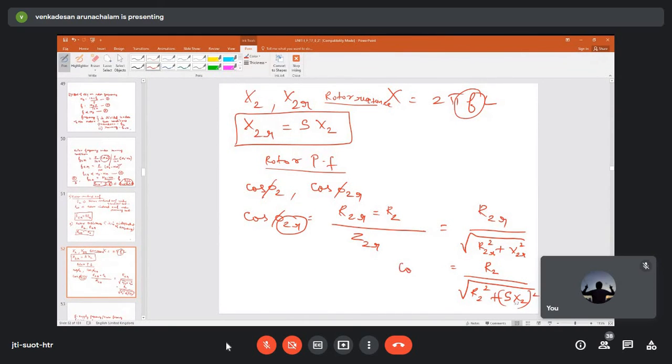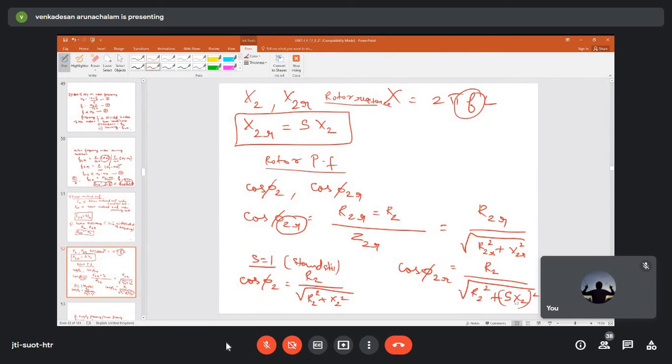So this is the power factor under running condition. So what is the power factor under starting condition? Simply you put slip is equal to 1. So R2, this is for starting condition or standstill condition, divided by root of R2 square plus X2 square. So this is the power factor.